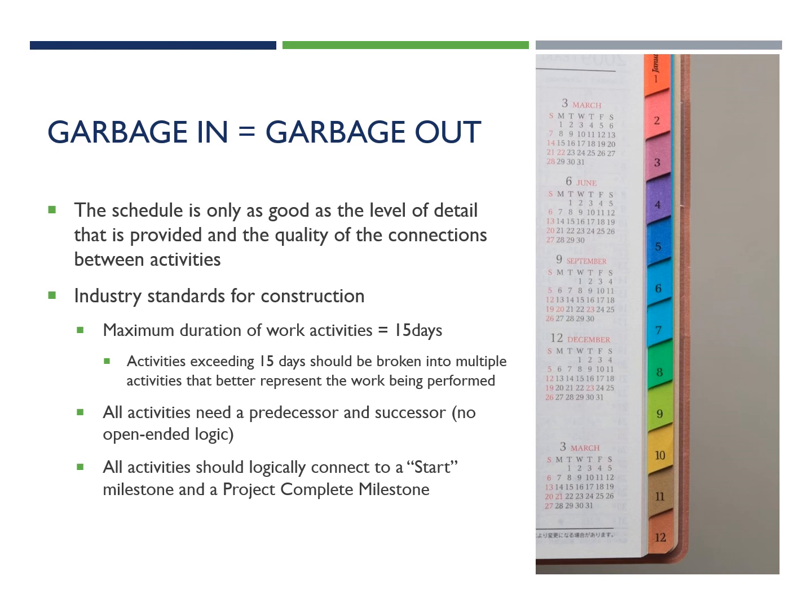All activities should logically connect to a start milestone and a project complete milestone. So, when I was talking about work breakdown structures, usually I break the job set into multiple smaller chunks that are a little bit easier to work with. Well, as soon as I get done with that work breakdown structure, the first thing I do is NTP and project completion milestones.